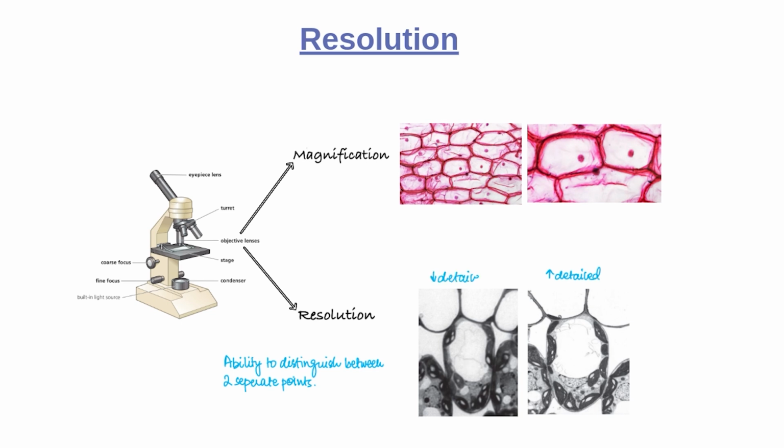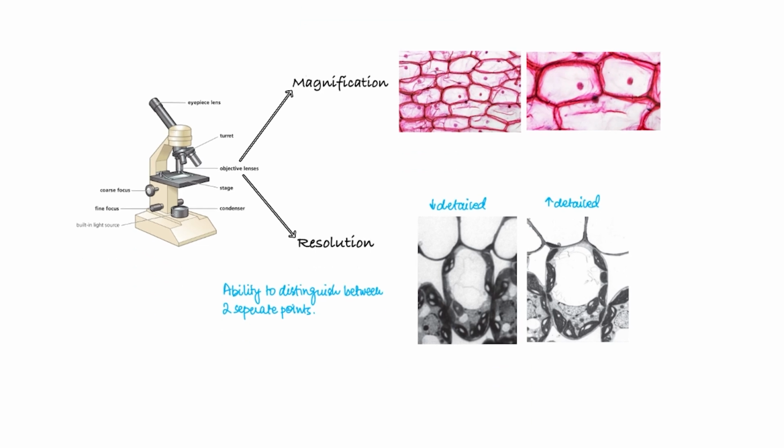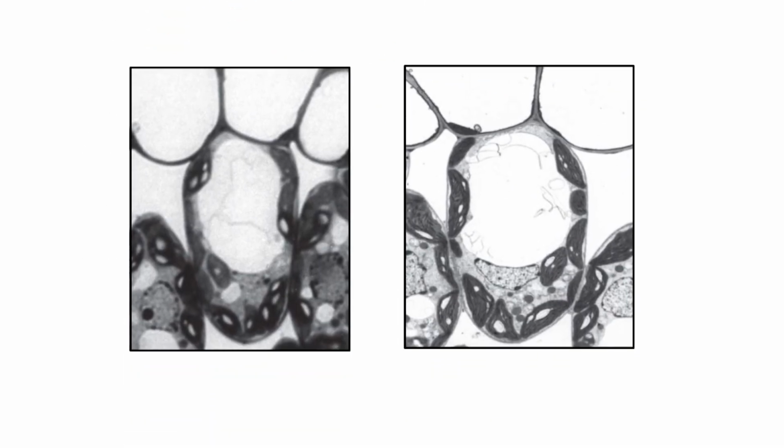For example, if you compare the two images that you can see here on your screen, they are images of the same cell structure viewed under a microscope that had a lower resolution and one that had a higher resolution.